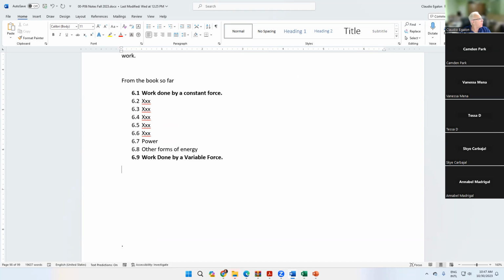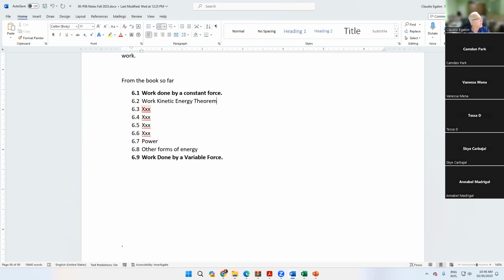Okay, what's the rest? The work kinetic energy theorem, we're going to cover. Your book calls it work energy, many books call it work kinetic energy theorem.